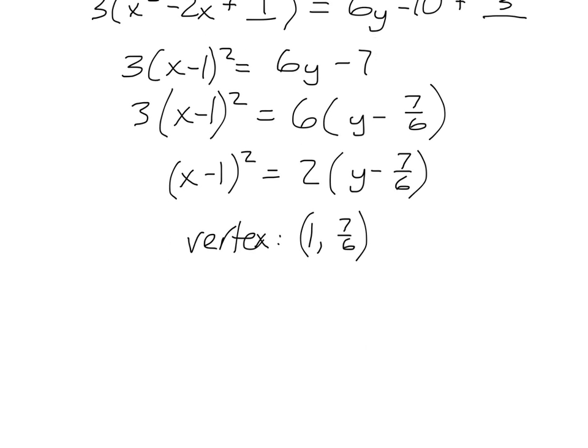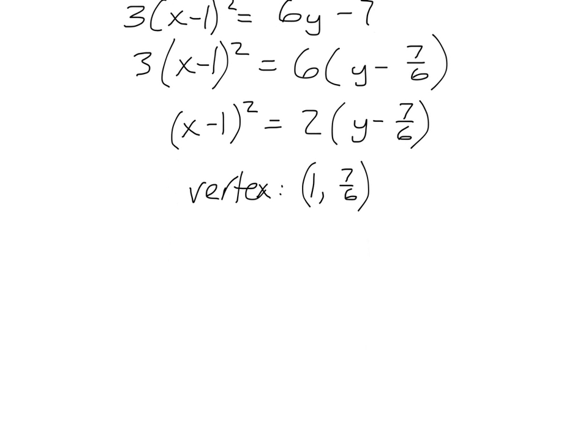Now to find the directrix and the focus, we have to find p. If you remember, and this is on your blue sheet once again, 4p is equal to 2. We know that by just looking right here. That's 2. So 4p equals 2.